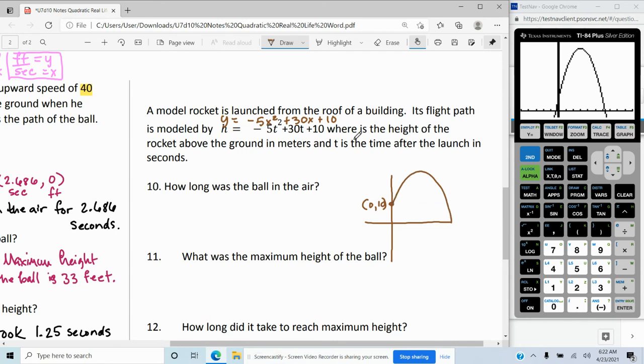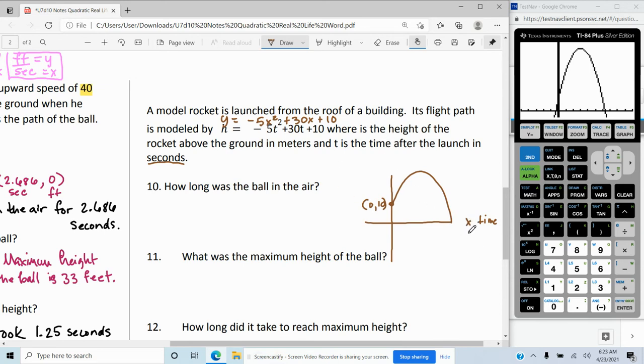Again, when they talked about t is time, well, we replace t with x. We know that's the x-axis, and that's going to be time. And the unit of measurement for time is seconds. So that's time, and that is in seconds. And then y, or h, is probably for height, right?